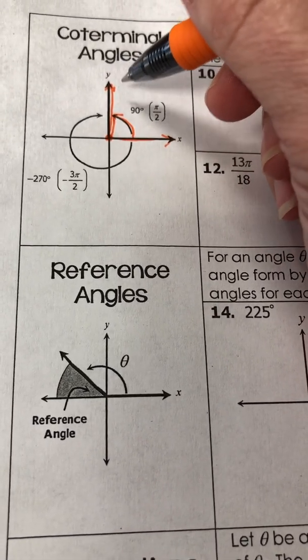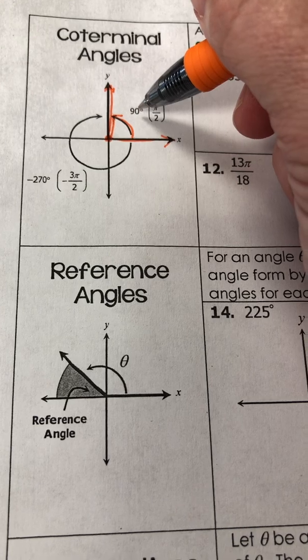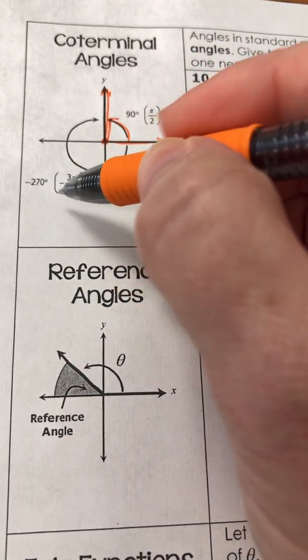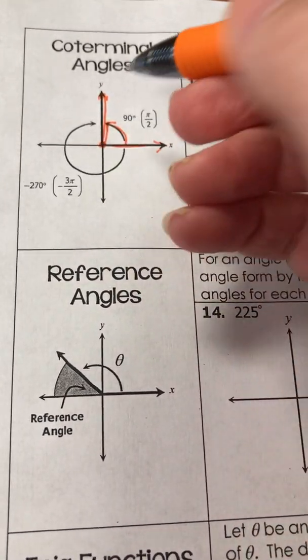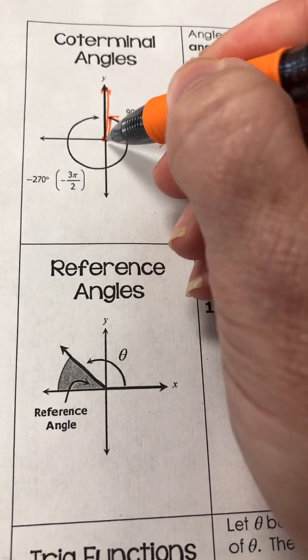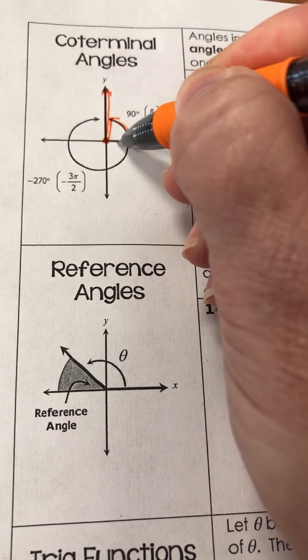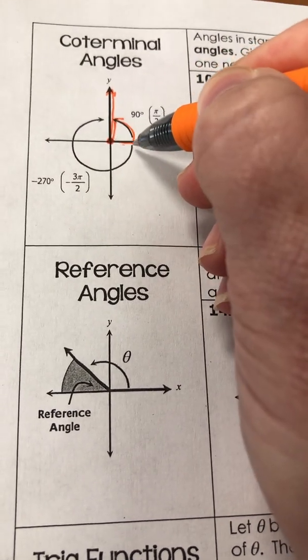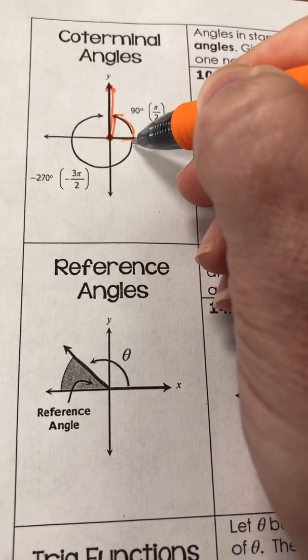Now, an angle that's coterminal to 90 degrees on this particular example is negative 270 degrees, because if we're going to write the angle with negative 270 degrees, remember vertex is the same, ray right here, but it's going to go clockwise.